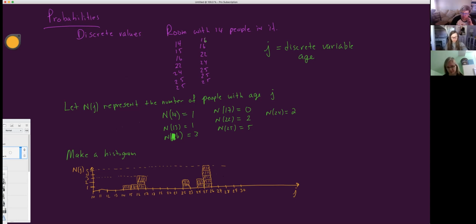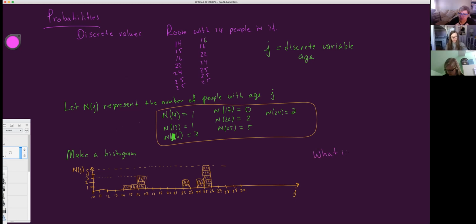Okay. So now, how does this relate to probabilities? Well, it can actually help us. So of course we could have this table here, but you can also just read things off of the histogram, okay? So for instance, if we want to know, if I pick a person at random, what's the probability that they'll be 15?